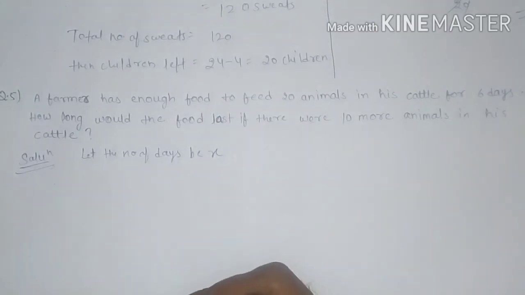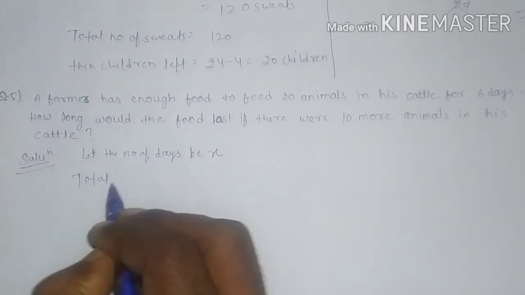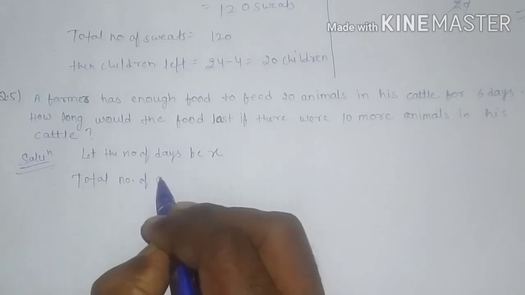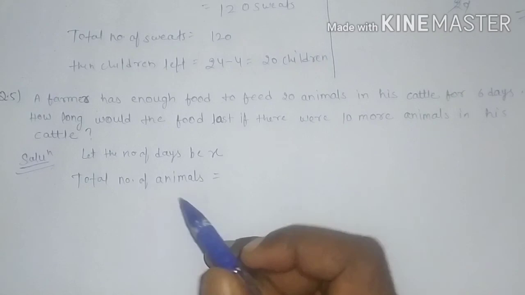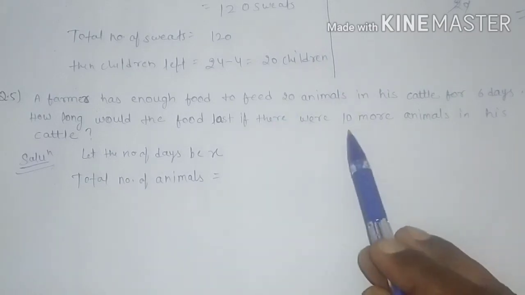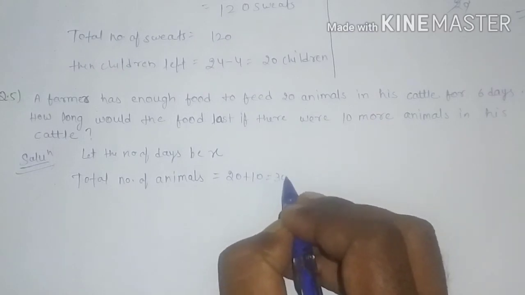And the total number of animals is given here, equals to 20 animals and 10 more animals. So it will be 20 plus 10, that is 30 animals.